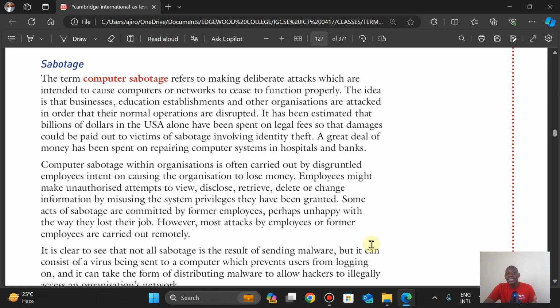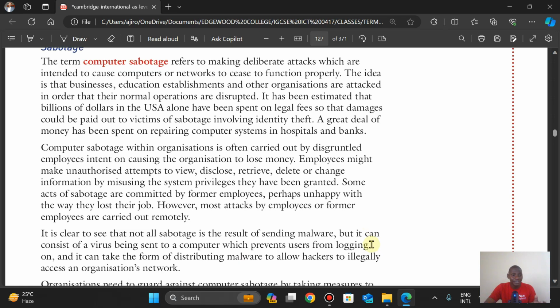This is also happening in the US, and they have lost billions of dollars to computer sabotage. This has happened a great deal in hospitals. The networks are being tampered with, and you have to spend a lot of money to ensure that this is fixed. So please let's take note of that.